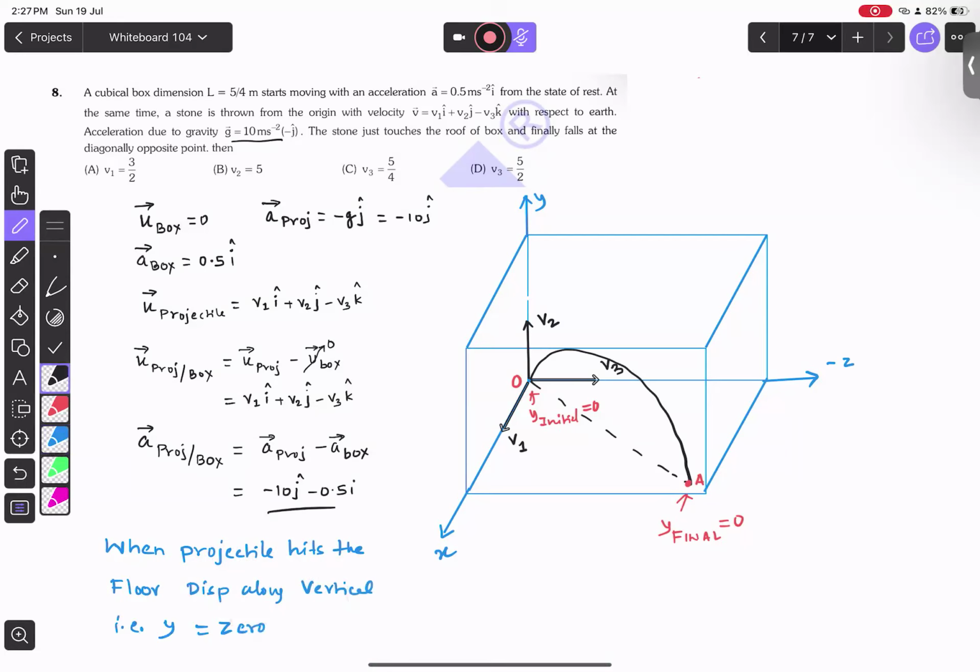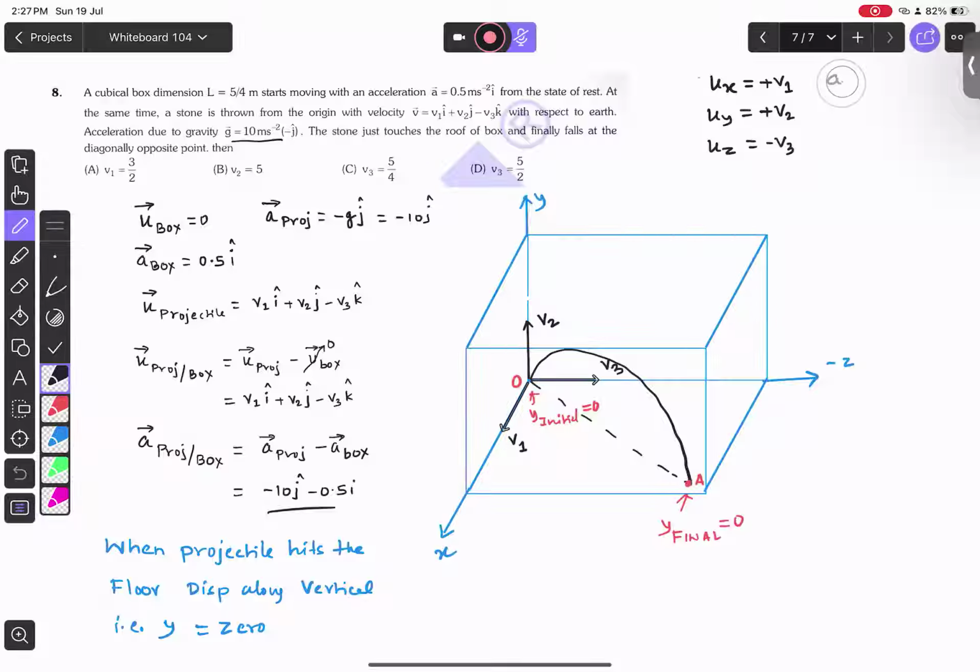Now you write down. What we did in projectile motion is we wrote every component separately. The projectile is thrown with initial velocity along x-axis plus v1, initial velocity along y-axis plus v2, initial velocity along z-axis minus v3.